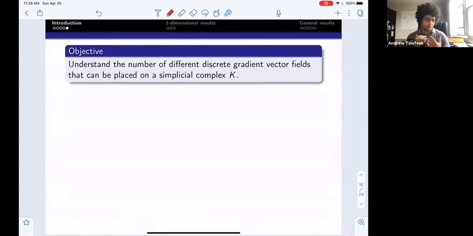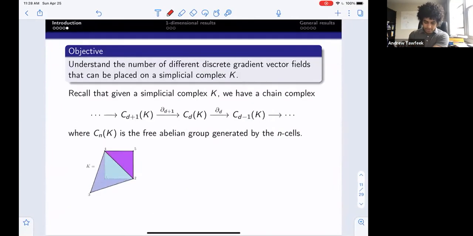And if you're familiar with the graph Laplacian, you'll see how this generalizes that notion. So associated to a complex, we also have this algebraic structure called its chain complex. And it's a series of maps between groups generated by the n cells. And these maps are called the boundary maps. So for instance, here's our complex from before, and I've highlighted a subset of the 2 cells in purple.